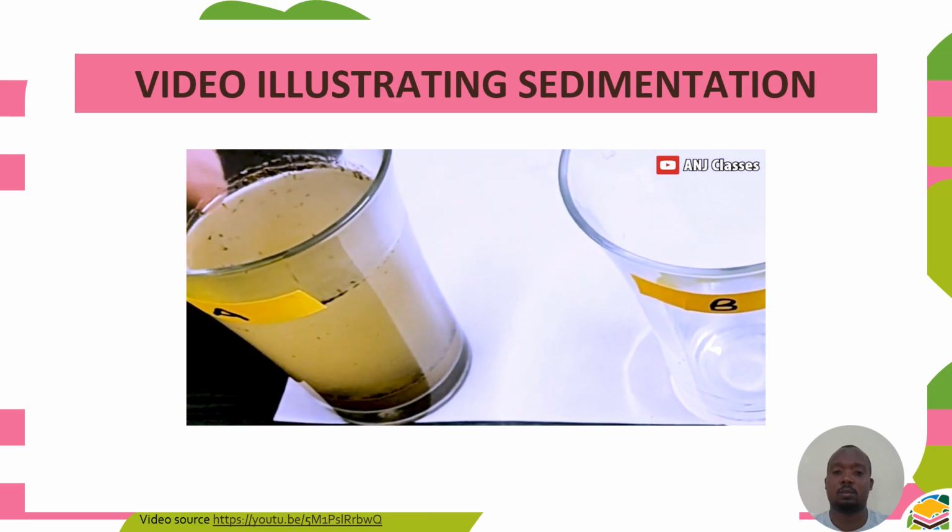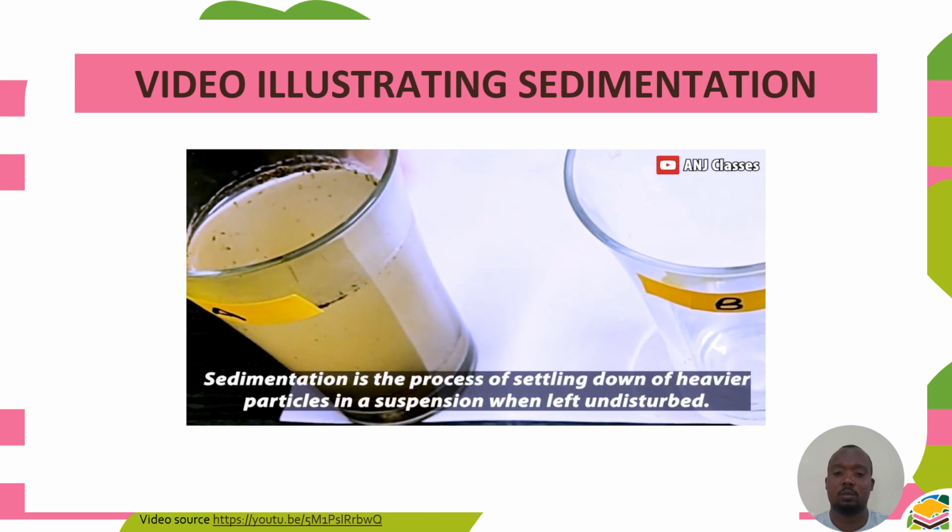So in general, sedimentation is the process of settling down of heavier particles in a suspension when left undisturbed. That is a general definition of sedimentation. That is why settling is very, very important in sedimentation.